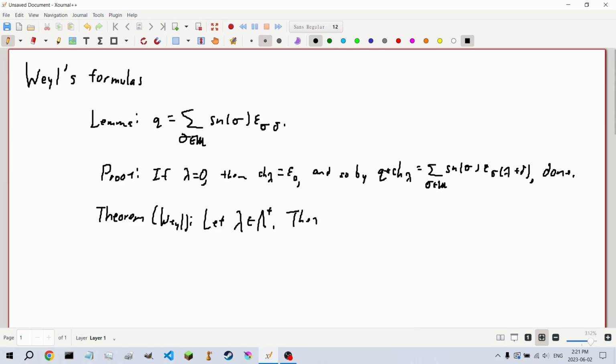Then summing over sigma in the Weyl group of the sign of sigma times epsilon of sigma delta, convoluted with the formal character of lambda, is the sum over sigma in the Weyl group of the sign of sigma times epsilon of sigma of lambda plus delta.